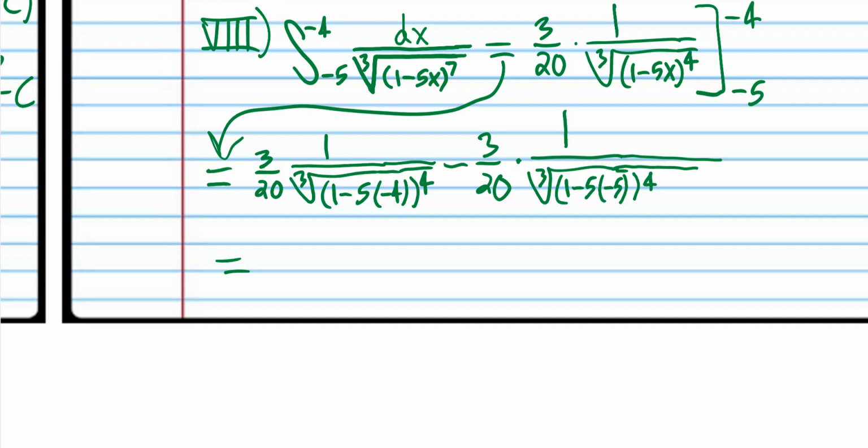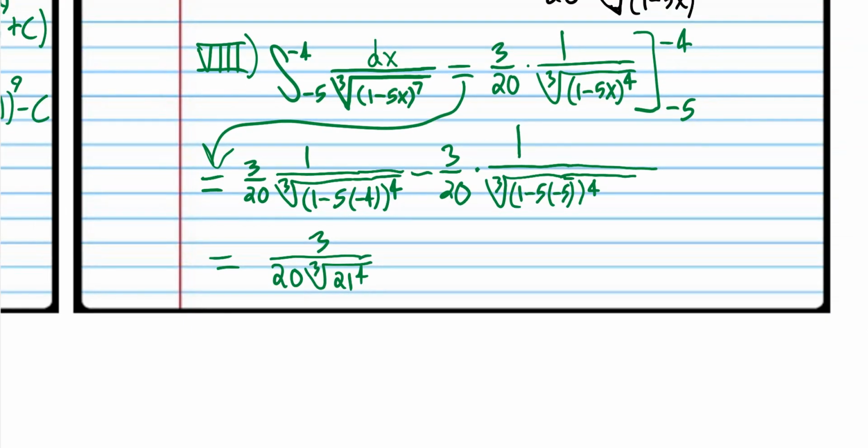So we have 3 over 20 times the cube root of 21 to the 4th power, and that's going to be a hard number to calculate.